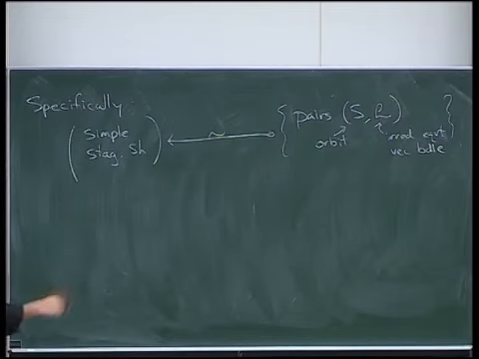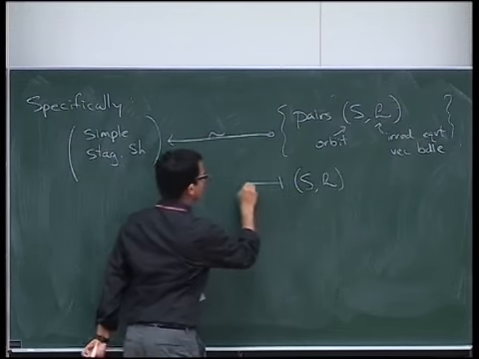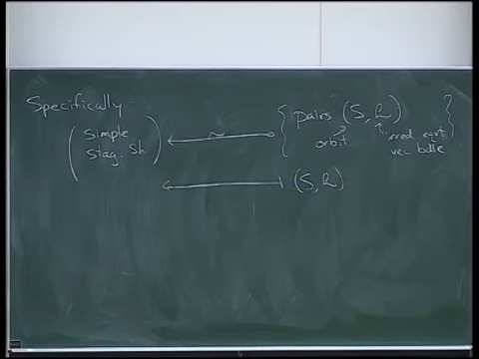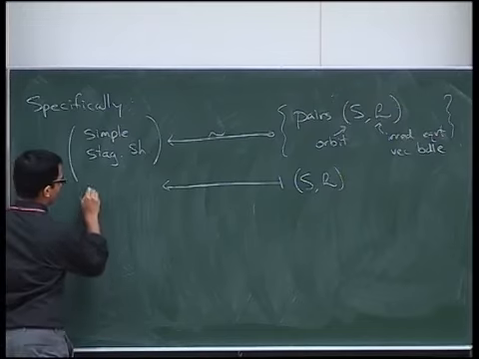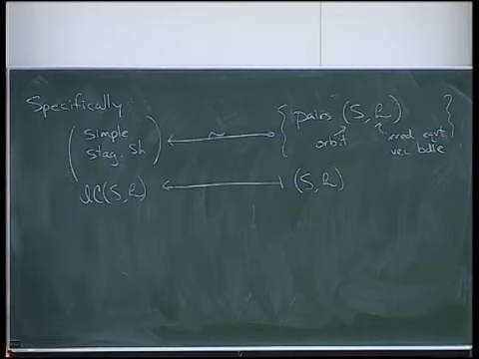I'm writing down nothing here except notation. A particular pair S, L corresponds to the simple object called IC_{S,L}. So there's no content there except saying that the IC functor produces simple objects.